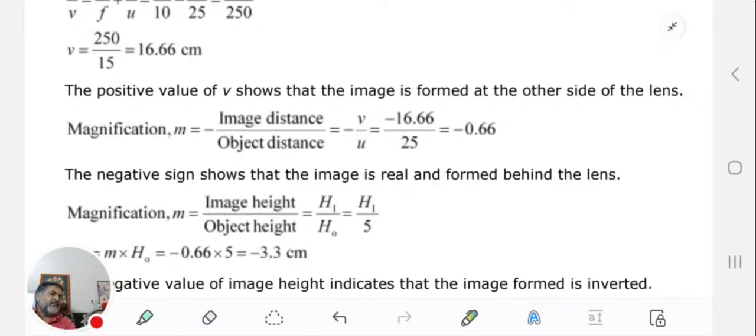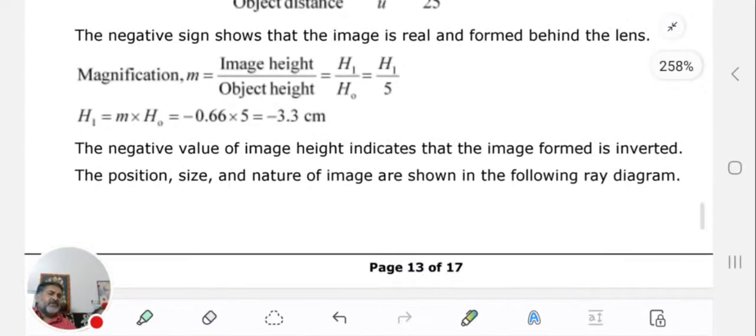Magnification m is image distance upon object distance. ચલો, image distance m = v/u = 16.66 upon -25, તો -0.66. The negative sign shows that image is real and formed behind the lens. And magnification m = image height upon object height, h1/h0, h1/5.